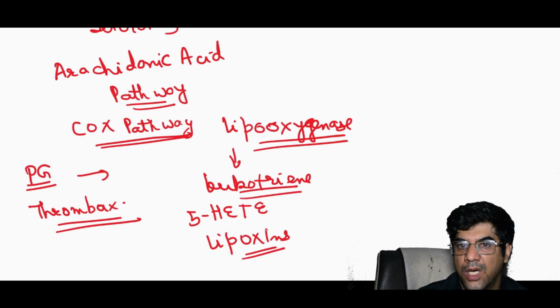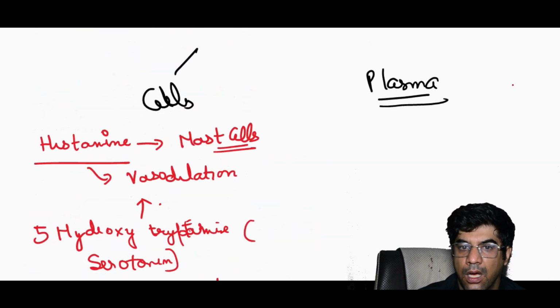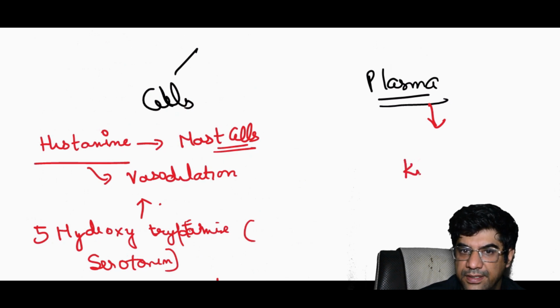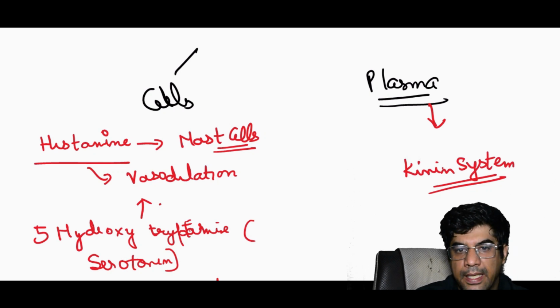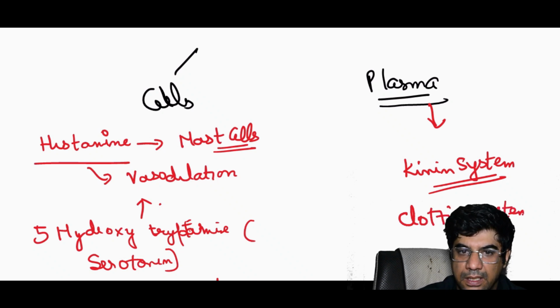Now, what are the plasma derived mediators? They could be kinin system, that is the bradykinin, that increases the vascular permeability and causes pain. Other is clotting system, it produces thrombin that produces inflammation.